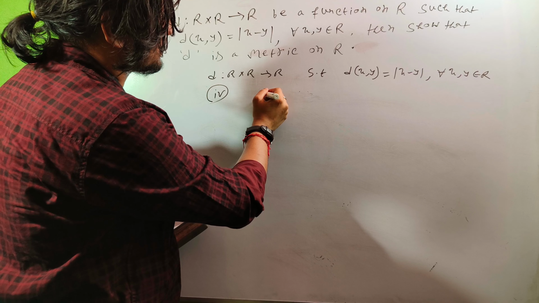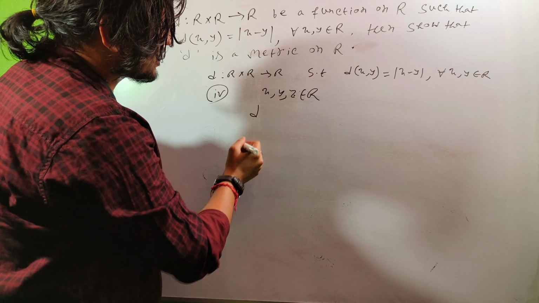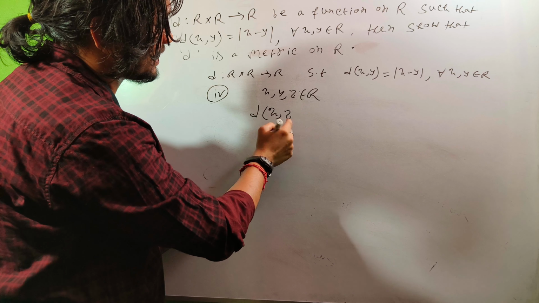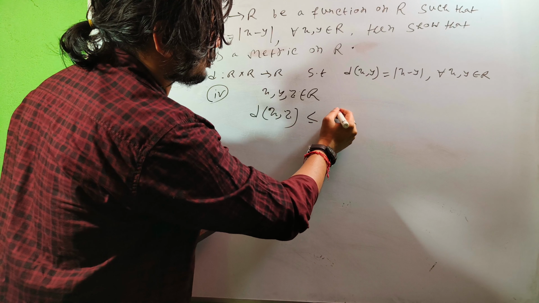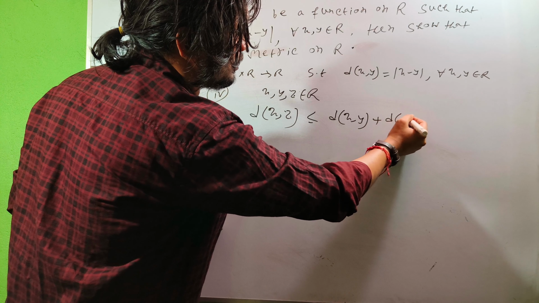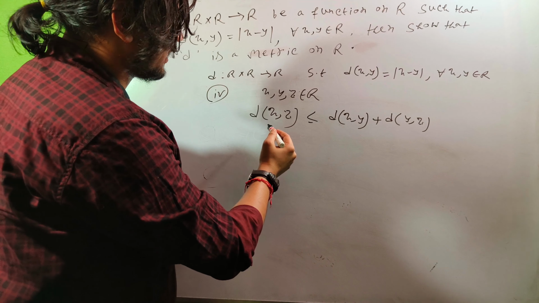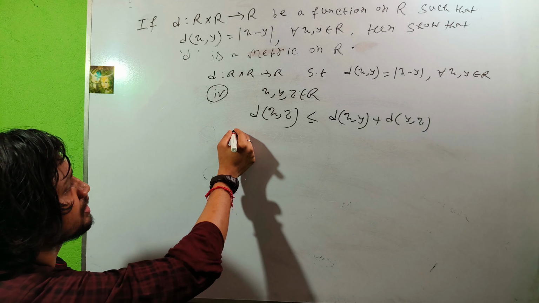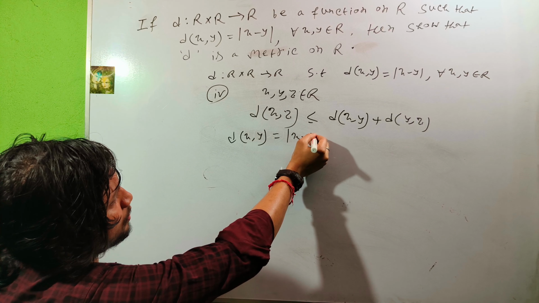If we take three points x comma y comma z belongs to R, then this property states that d of x comma z, that is the distance from x to z, is less than or equal to d of x comma y plus d of y comma z. Now this is our target to fulfill, and from the definition, d of x comma y is given as the modulus of x minus y.